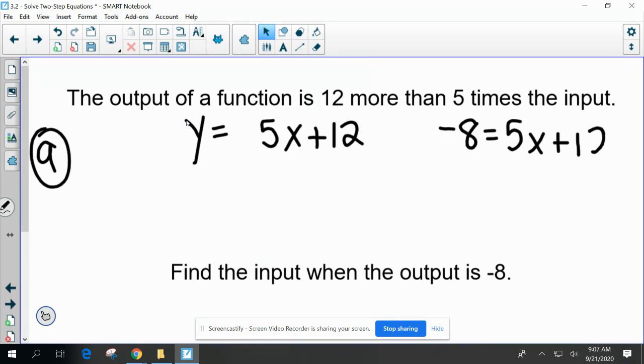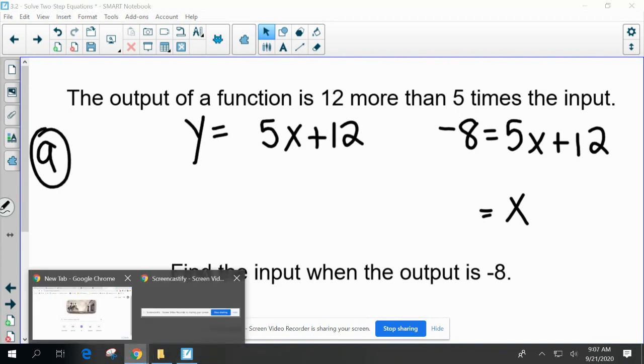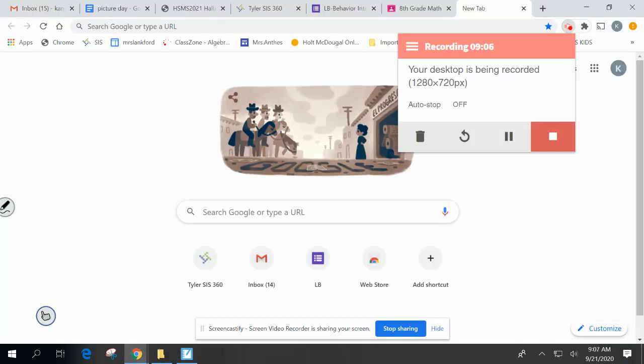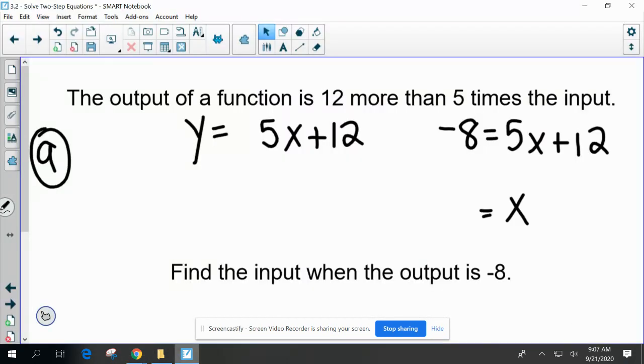So what did you get when you solved the equation? X equals what? All right, my last group is 6th grade. Okay, so what did you get for X? Negative 4. Yes, that's correct.